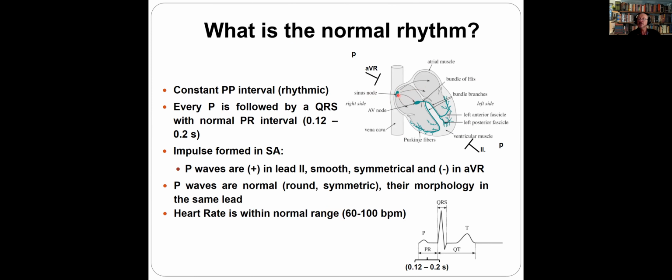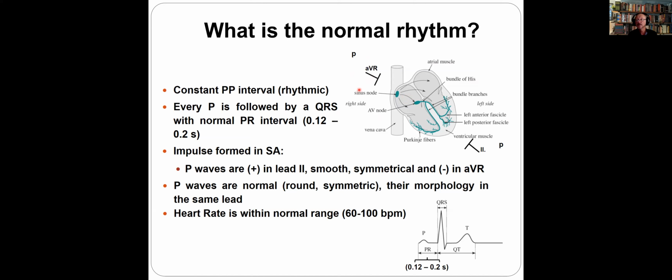So we have a right to left atrial activation wave. What does it mean? It means that in aVR, we have negativity of the P wave.